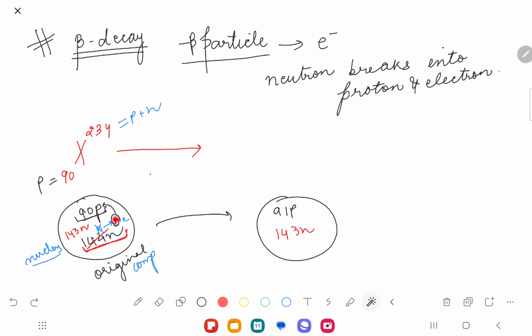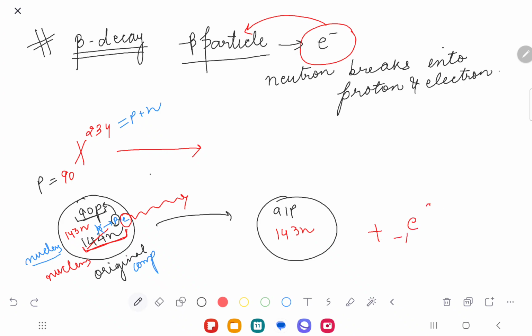So one proton is actually increasing. And that extra electron, this blue electron that is being produced inside the nucleus, will come out. And that electron is nothing but a beta particle. So one beta particle shall be released. Beta particle is an electron. I hope you're understanding.